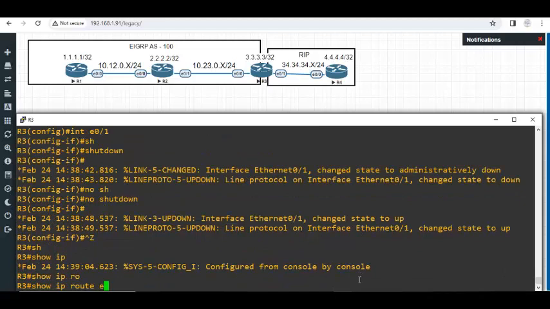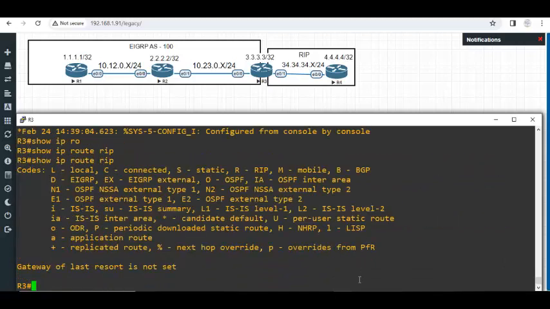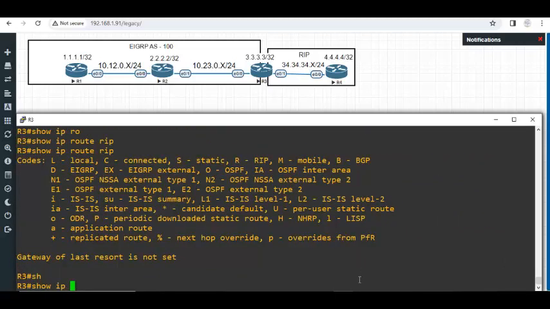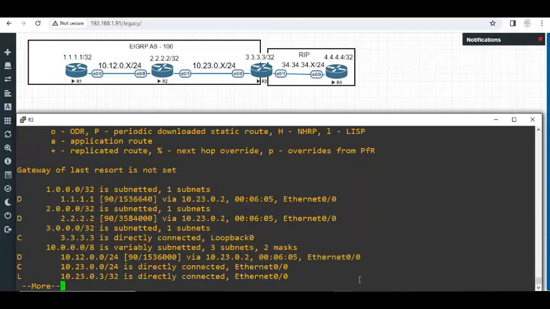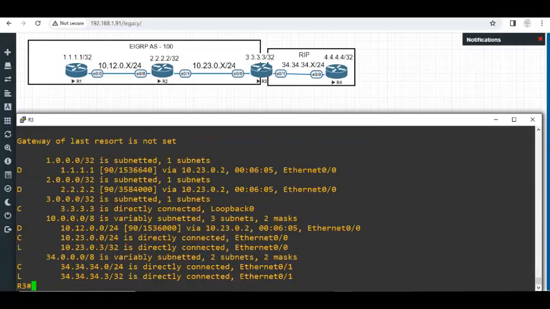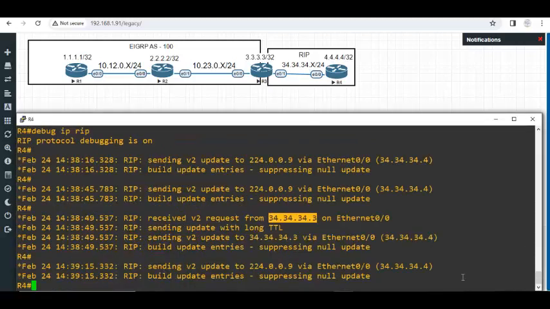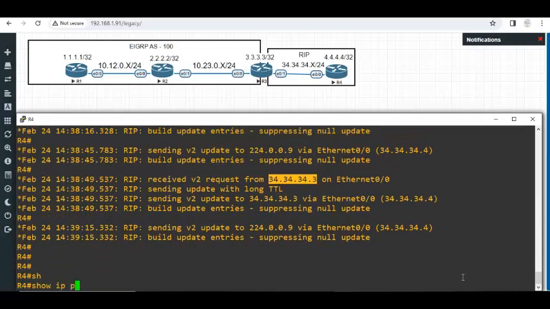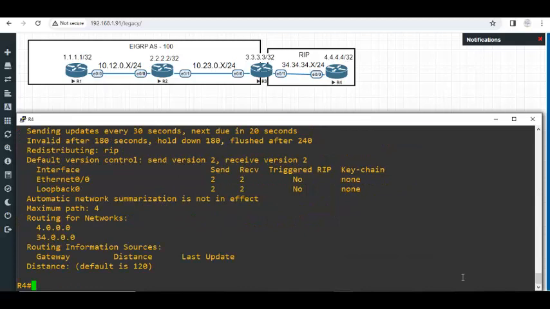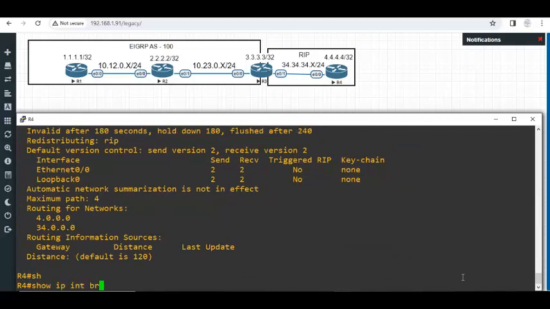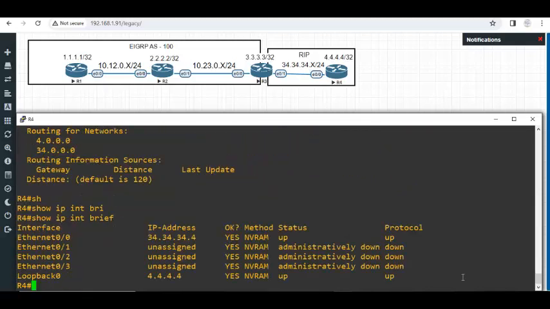I'm doing some mistake. Wait. It is up. I'm able to ping.